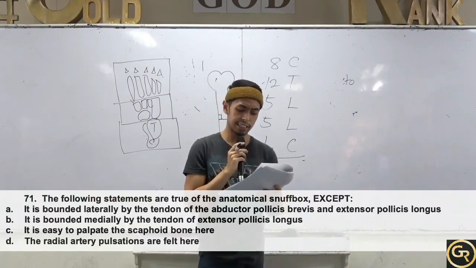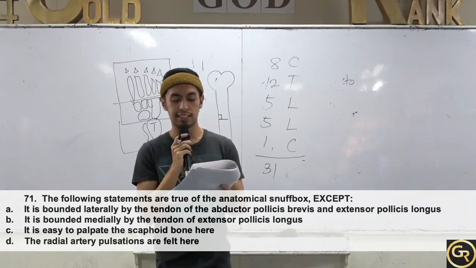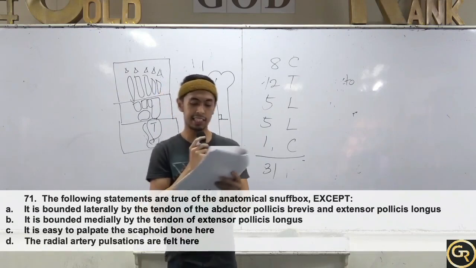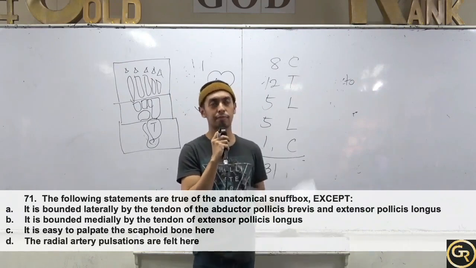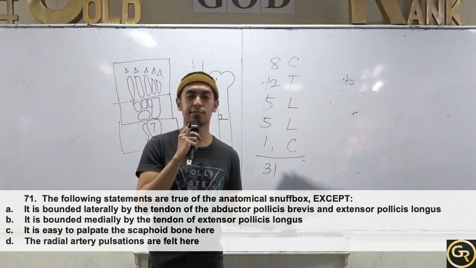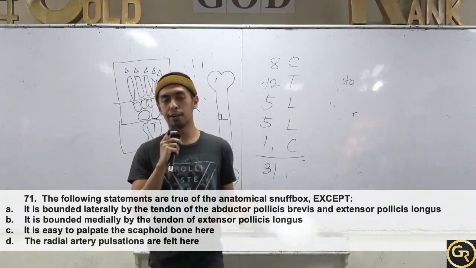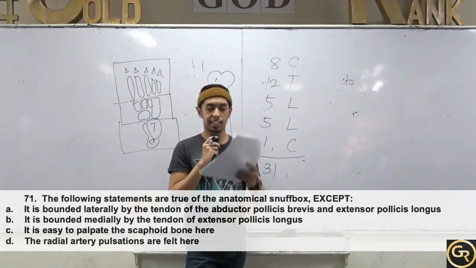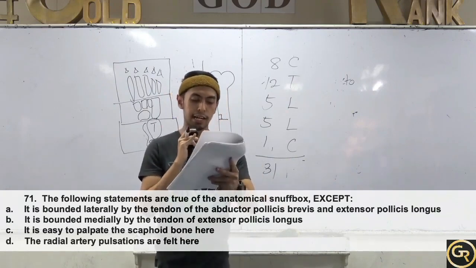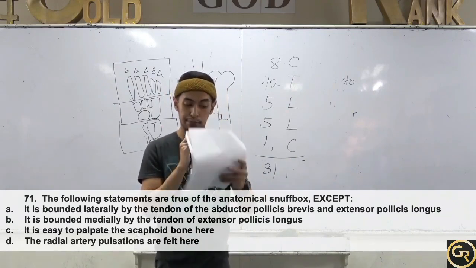71, the following statements are true of the anatomical snuff box except, okay, sino po kaya to? Na-discuss na natin kanina, sino po yung mga nagbabound ng ating anatomic snuff box? It's tunnels 1 and 3. Your APL and your EPB, or your extensor pollicis brevis. So ang mali po dito is letter apple, correct?